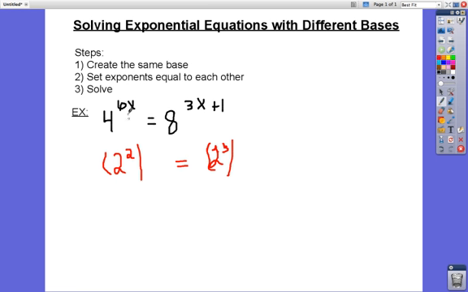Okay, we still want to keep this 6x here, as well as the 3x plus 1 on this side. Okay. So again, we now have equal bases.